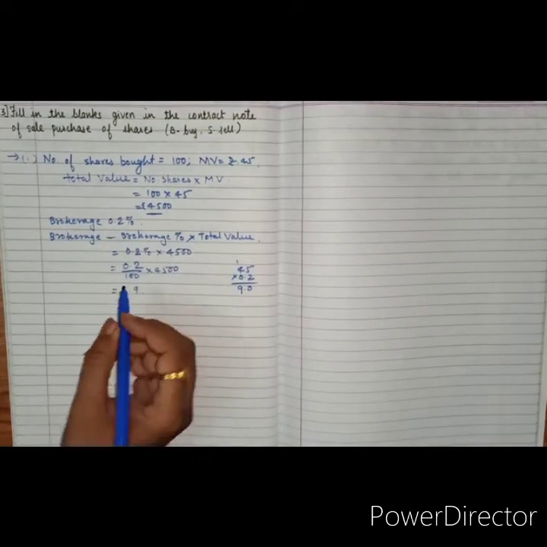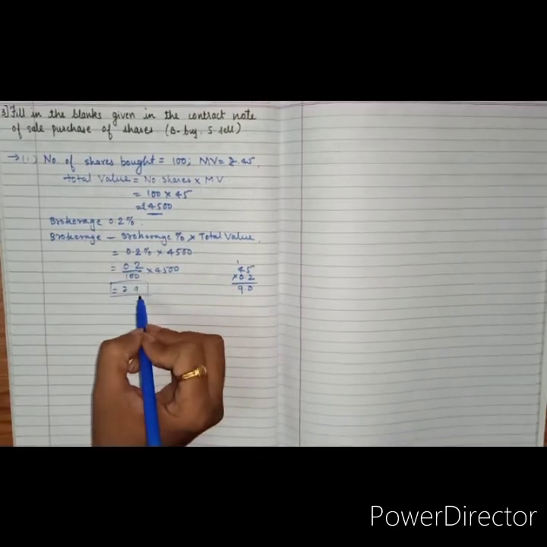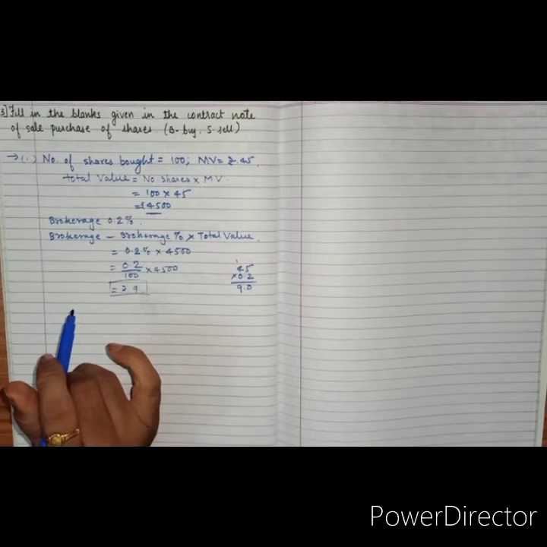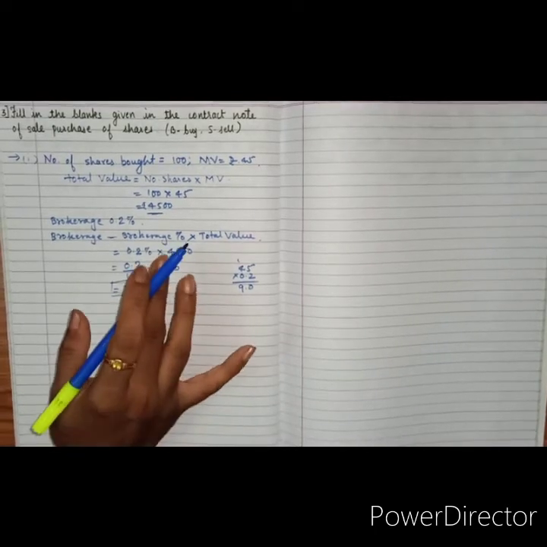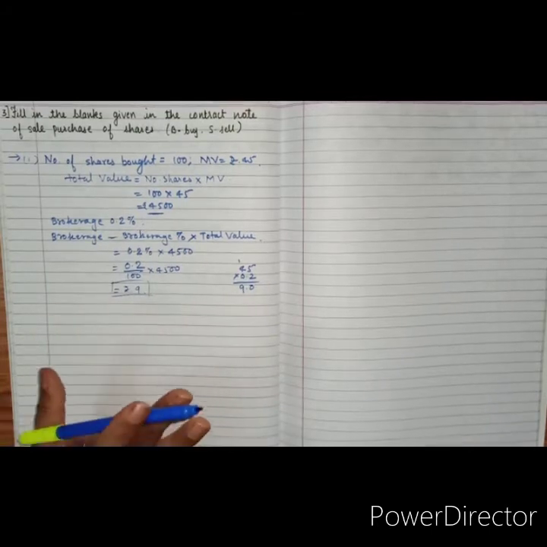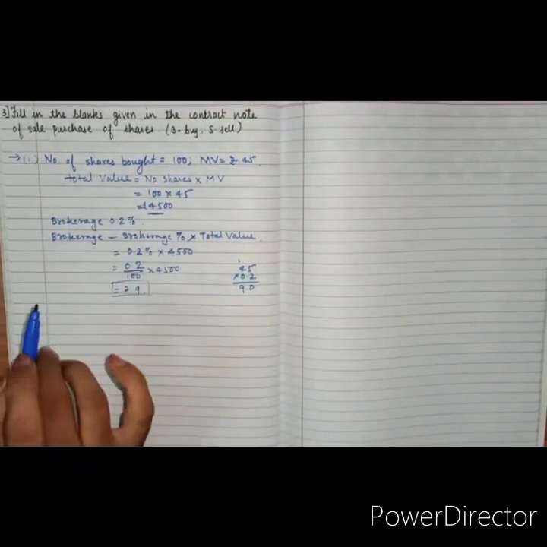Now this is done. This will go in your table. Brokerage is rupees 9. Now what else is given? See, 9% CGST is to be paid on the brokerage. Means 9% on brokerage, CGST.